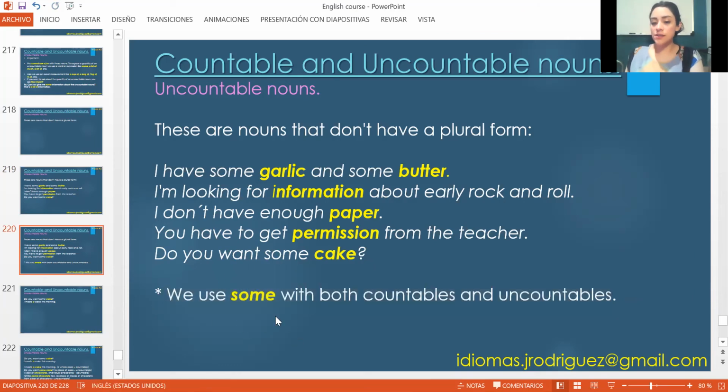Some carrots, algunas zanahorias, or some cake. Okay, but it depends on the context. Some garlic, uncountable, or some lemons, for example, algunos limones.